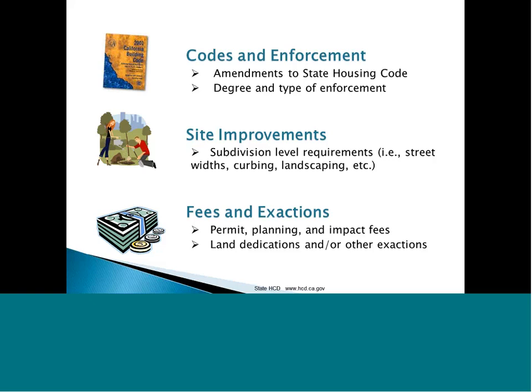For fees and exactions, describe permit, planning, and impact fees, including land dedications and/or other exactions. You will want to itemize fees, including impact fees, for both single-family and multifamily projects, and summarize with a typical proration of fees to total development costs.